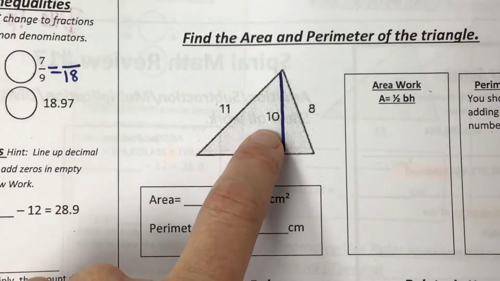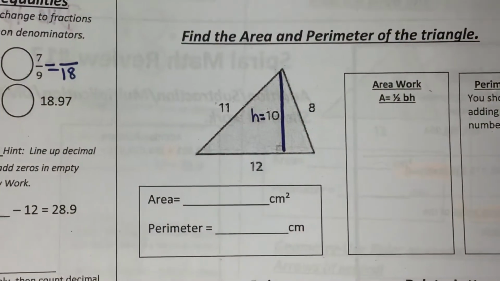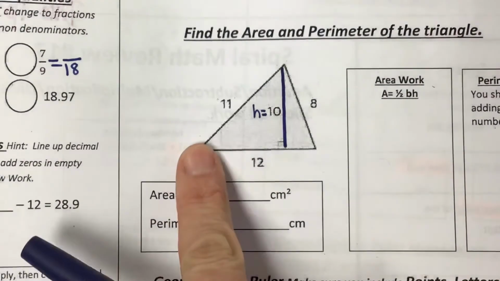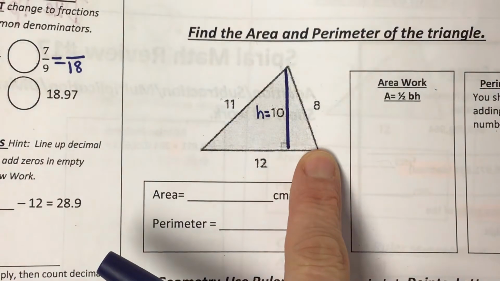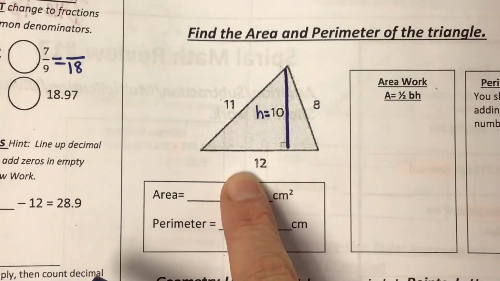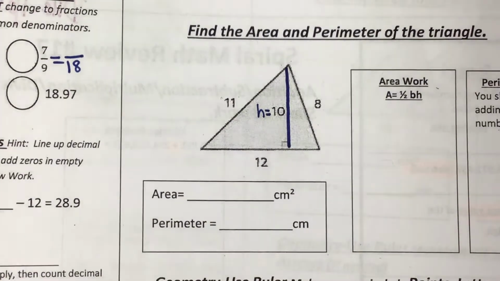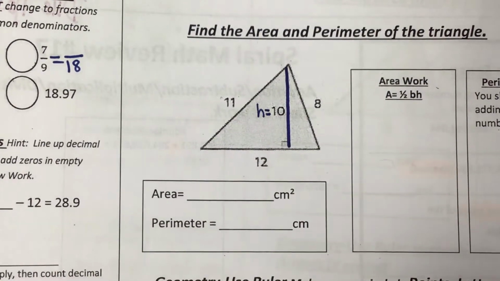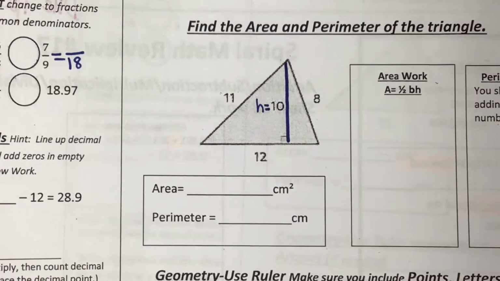That's the tallest point. You could even write h equals 10 there. This is your base still all the way across. So you need to cut the base in half and then multiply it by the height. It's pretty easy. Then for our perimeter, we have the 3 sides. We just need to add those together. That's pretty easy.